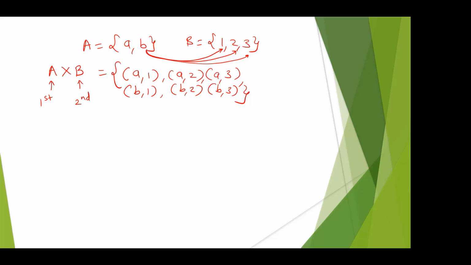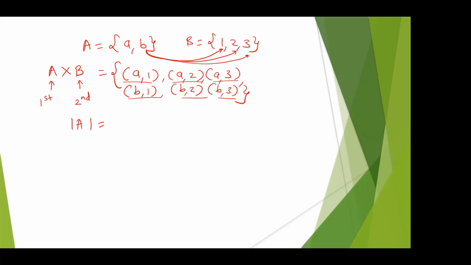Any other possible combination where the first element comes from A and the second element comes from B? Do you think any other pair we can add? Those are the only possible pairs we can have with these given sets. If you count the number of such pairs, there are 6. Now let's see the correlation.